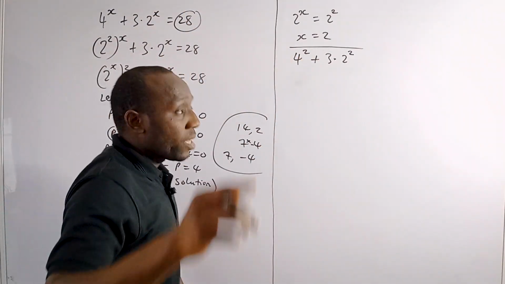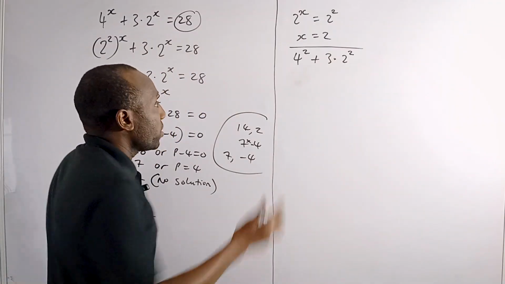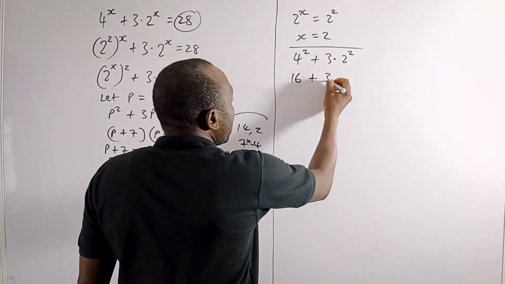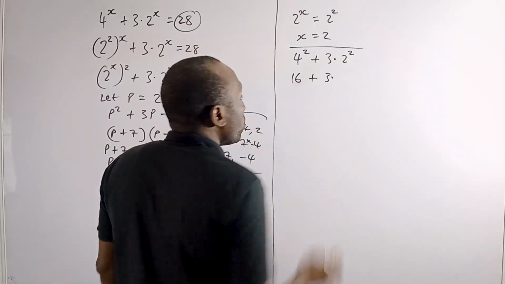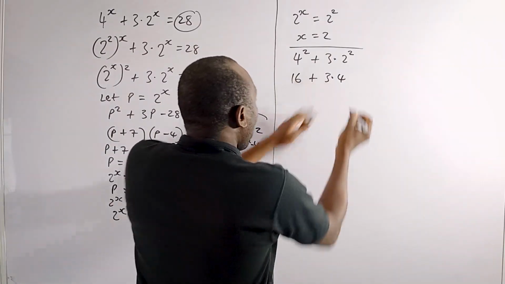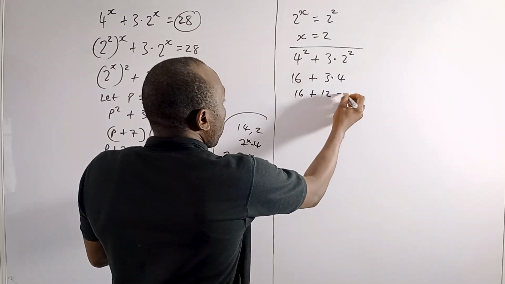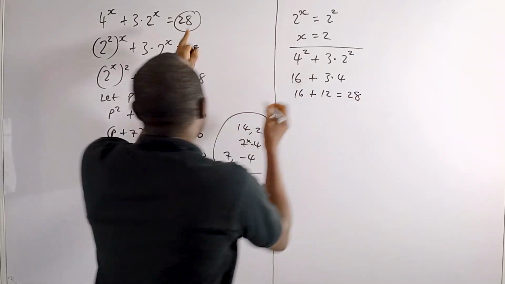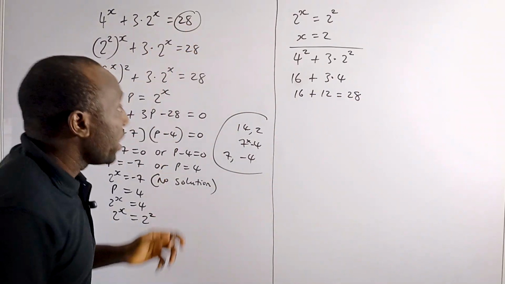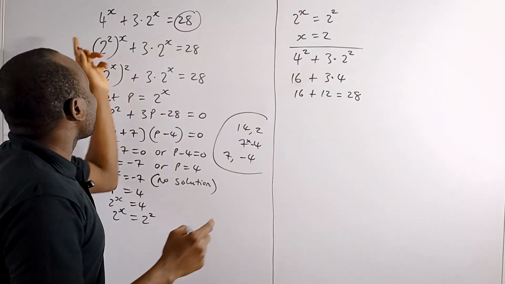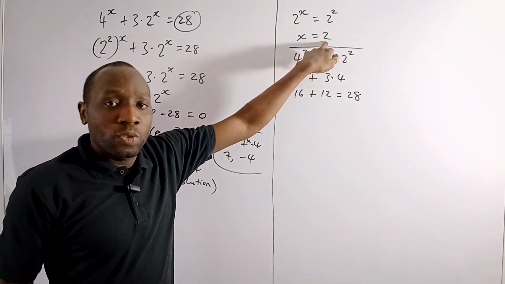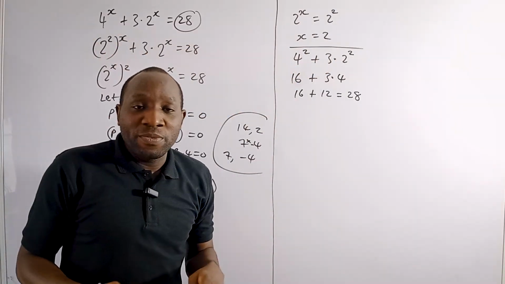That is 16, because 4 times 4 is 16. Plus 3 times 2 raised to power 2, which is 4. What is 3 times 4? That's 12. So 16 plus 12 is 28, as we have here. So the value of x that will satisfy this equation is 2.